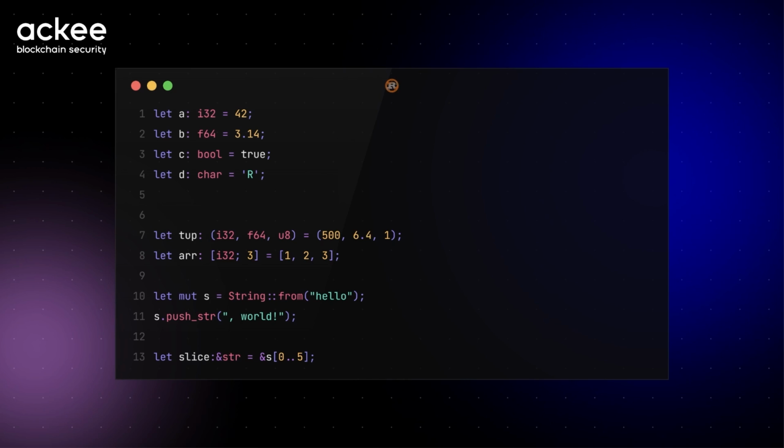In this case, if we have a look at hello, that means 0, 1, 2, 3, 4. So the slice will be an immutable view on the hello word, not the world that's also appended to the string. So hopefully this is clear for you. And again, as I was talking about the playground, you can play with this in the Rust playground.